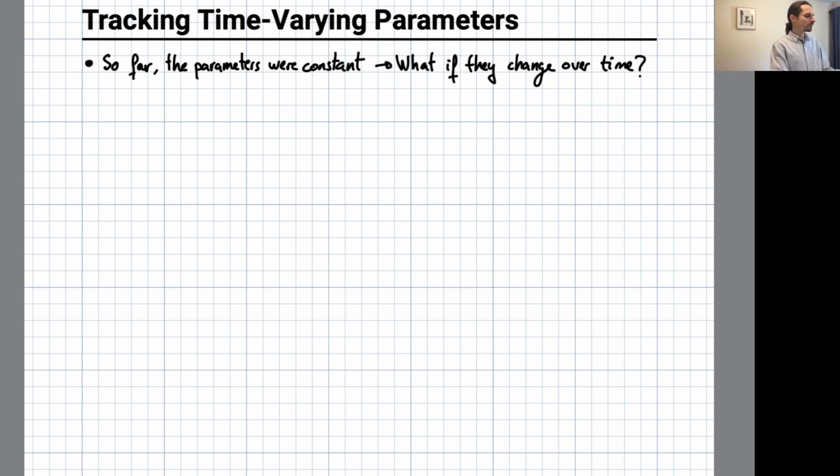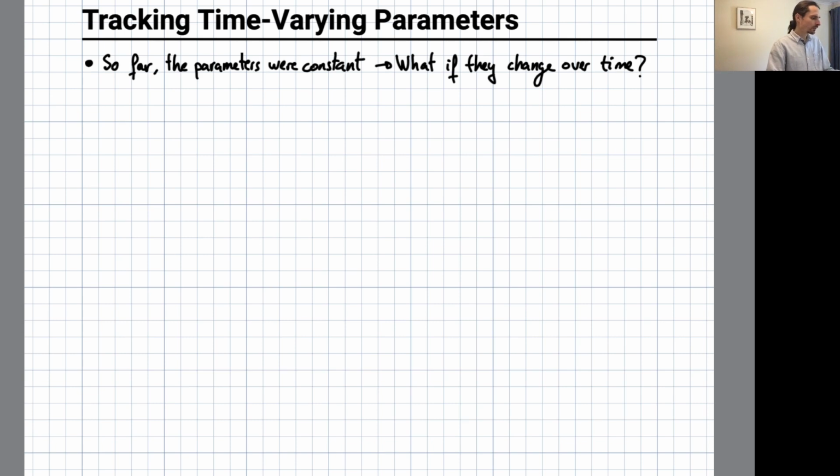So going back to the example of the GPS, its goal is to estimate the location, but the location will typically change over time, right? Because we move.